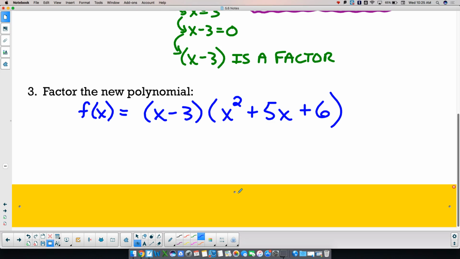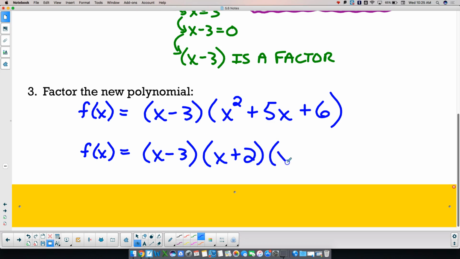Since this one can be factored, two numbers that multiply together to be positive 6 and add together to be positive 5 are positive 2 and positive 3. This would be my next bus stop, complete factored form. So if it says factor the equation, that's where I would stop. But this one said find all the zeros.